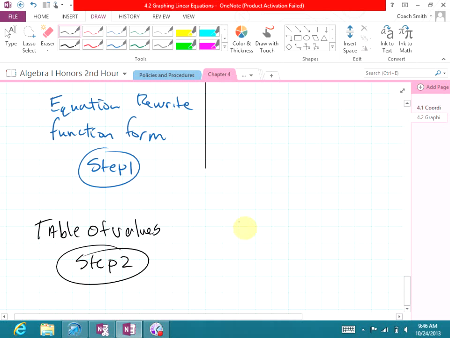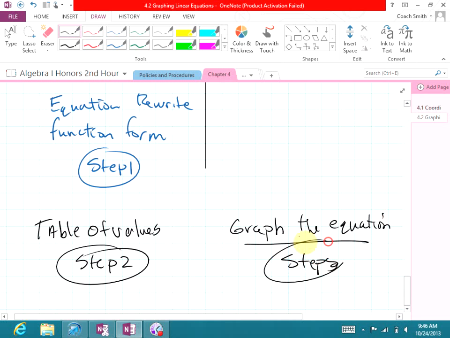If they ask you to graph the equation, okay, that is step 3 that we just did. So those are the 3 things that they're going to ask you for. Is they're going to ask you to rewrite the equation in function form. That's step 1. Okay, there's one section of those. We'll look at those in just 1 second.